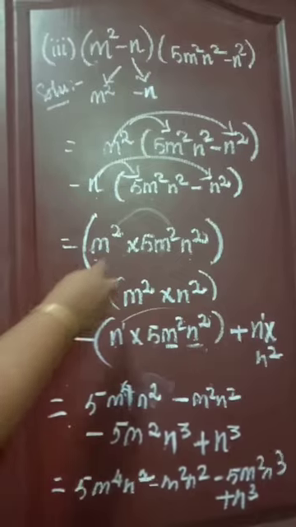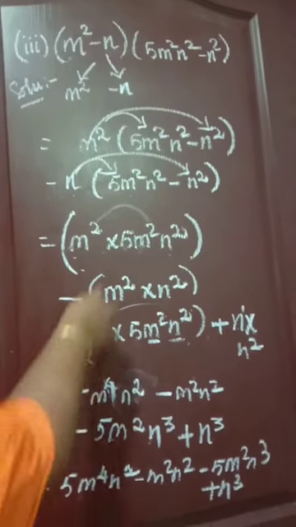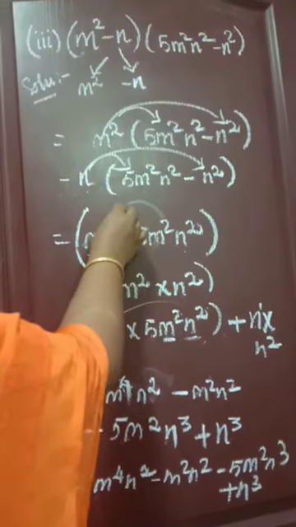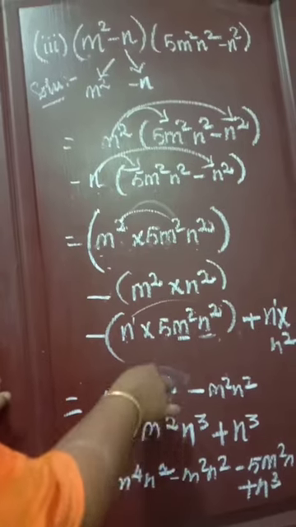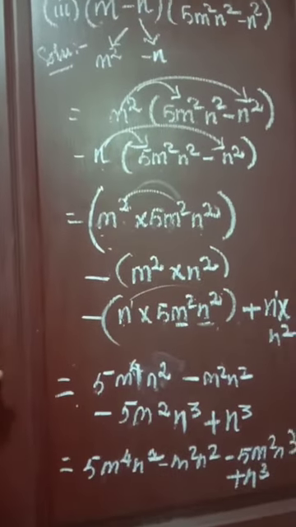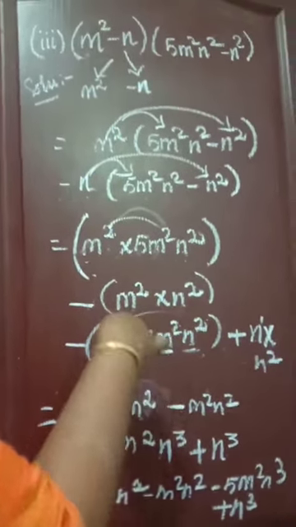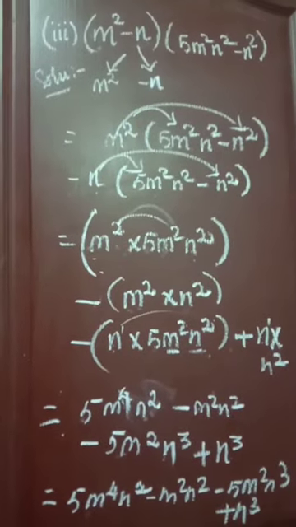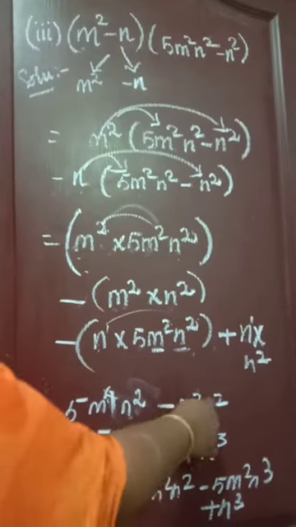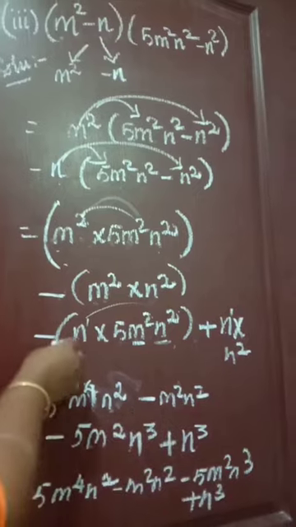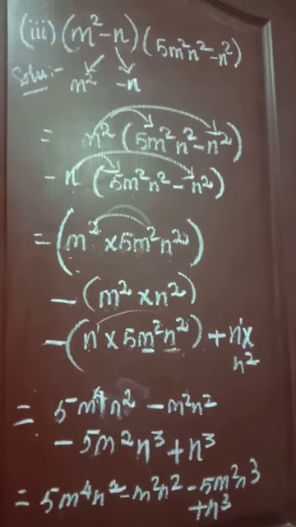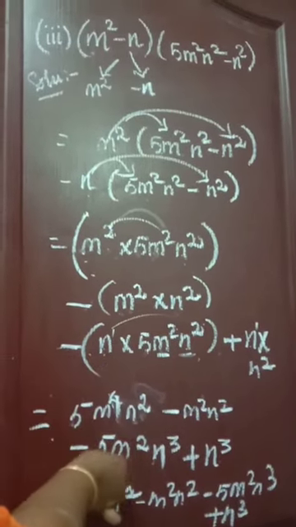Next one, listen. So 1 into 5, 5. Here same variable, so add the power: m power 4 n square. Next one, these two are different variables, so no need to add the power: m square n square. Next, third term, minus is there. Here 1 into 5 is 5.